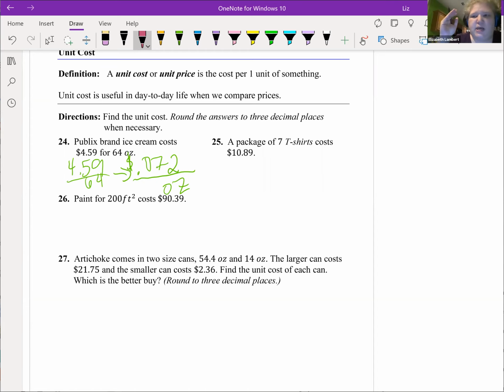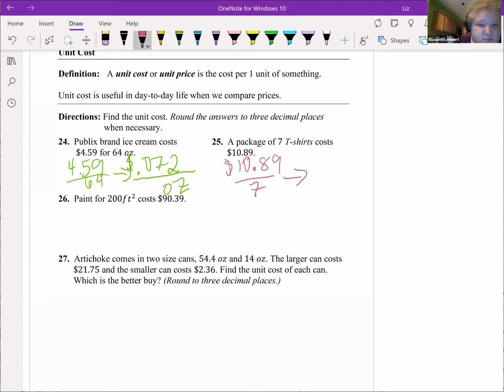Really, it just means take the money number divided by the things you're talking about. So here, 10.89 per 7. That is going to be ugly. Maybe it'll divide by 7. You know, I could be surprised. No, it doesn't.